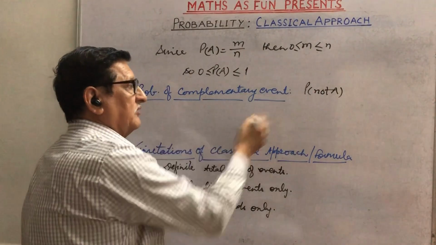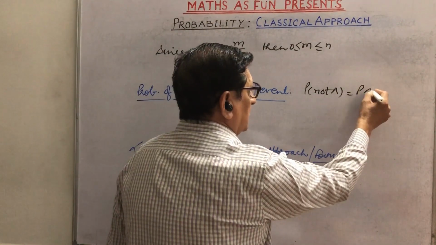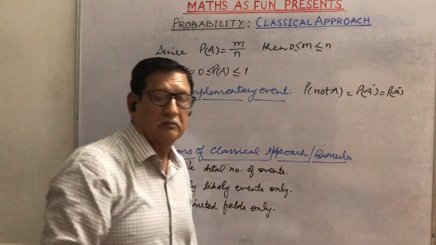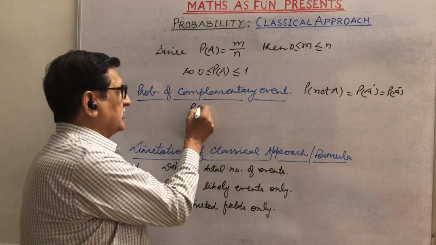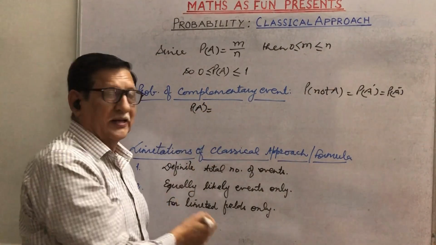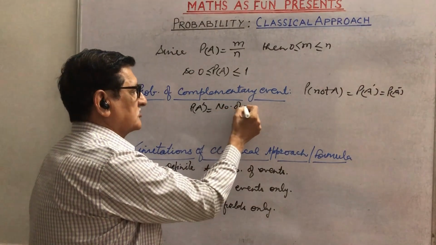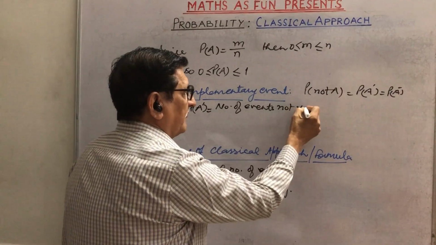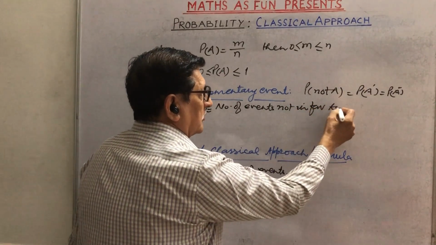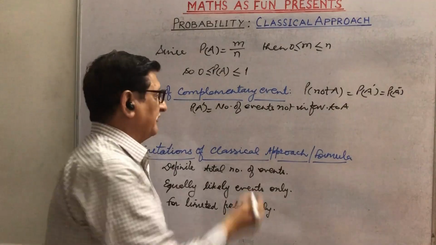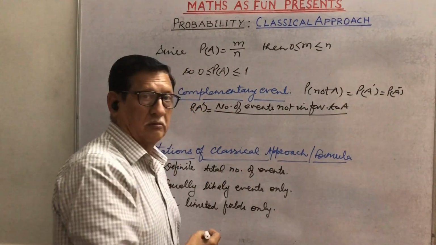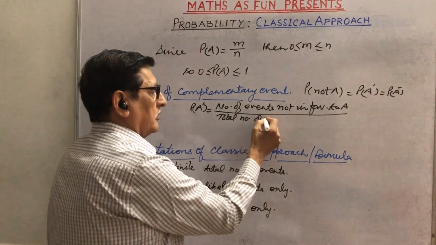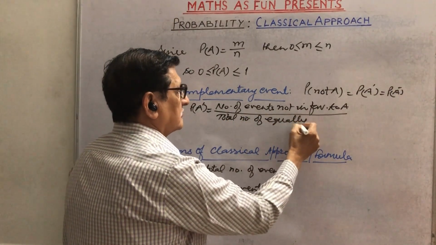It means the probability of not A, which is also represented as P(A') or P(A bar), can be written as the number of events not in favor of A divided by the total number of equally likely events.